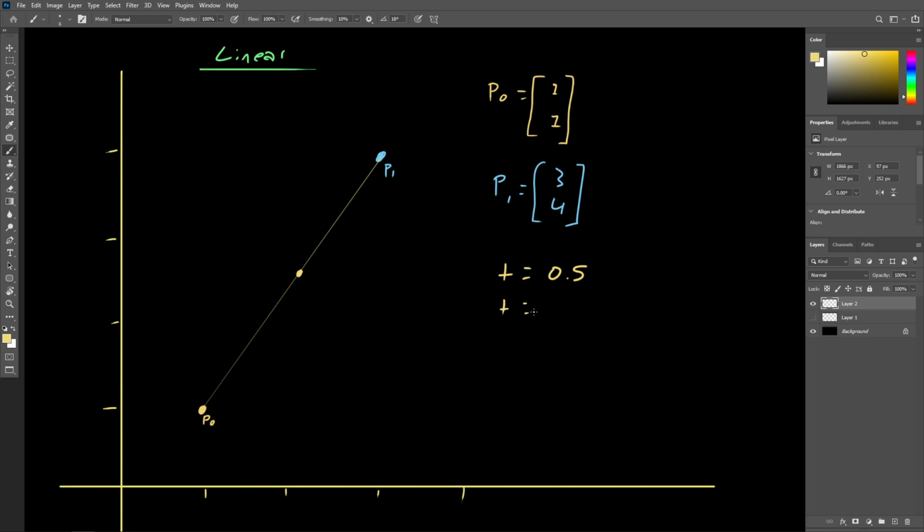We can also do the same thing for t equals 0.25 and t equals 0.75. And again, this is trivial to do. So this was about 0.5, this would be 0.25, about a quarter of the way along, and this would be 0.75.